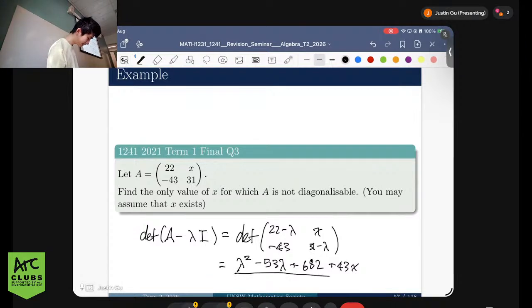If this quadratic has two distinct solutions, then we can definitely find two linearly independent eigenvectors. And if we have two linearly independent eigenvectors, then we can construct a matrix. We can just let the columns of M be the two linearly independent eigenvectors we found, and then we can diagonalize it.